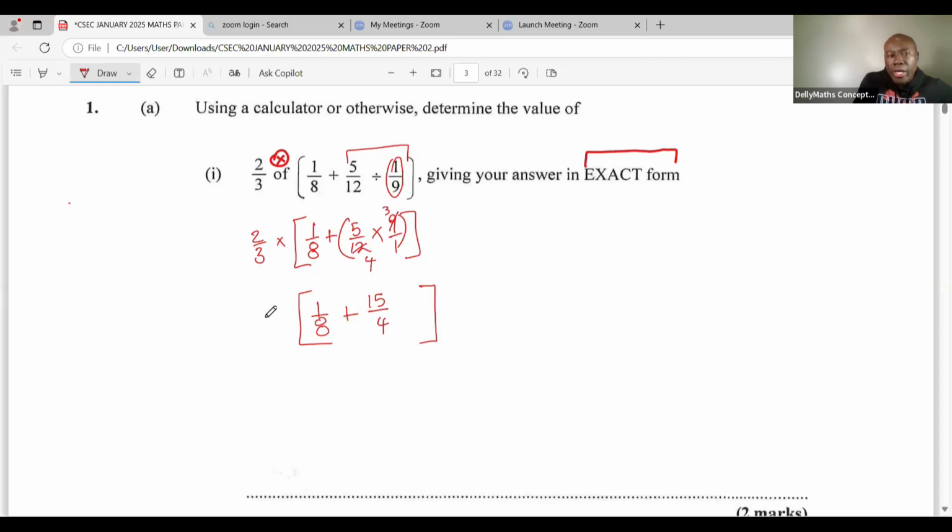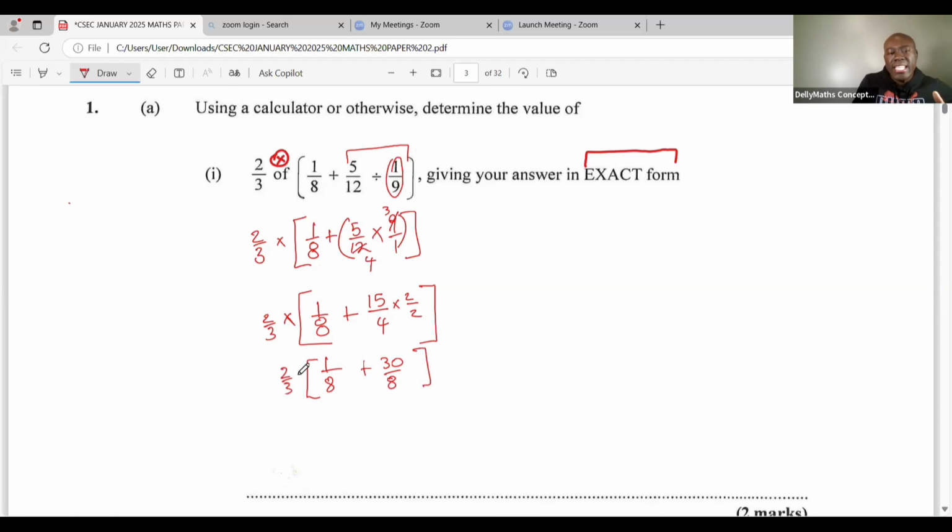Inside the bracket, we're adding 1/8 plus 15 over 4. I multiply the second fraction by 2 over 2, which gives me 1/8 plus 30 over 8. That's just a way of getting the same denominator.